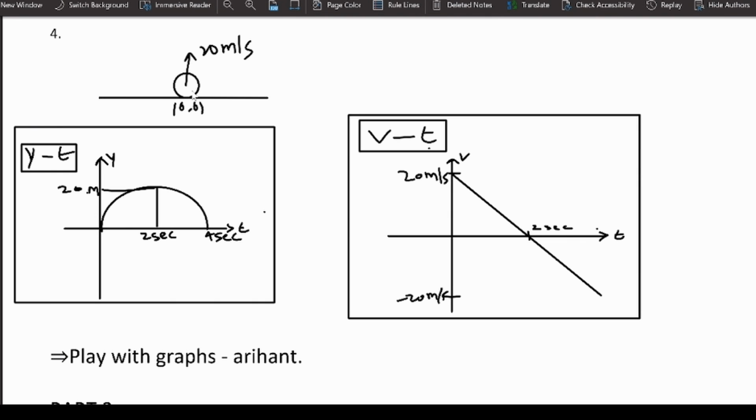At a distance equal to 20 meter and time t equal to 2 seconds, the position of the projectile is at its highest point. Since this is a projectile motion or a ballistic motion, it is a parabola, and this is how you depict it in a YT graph.